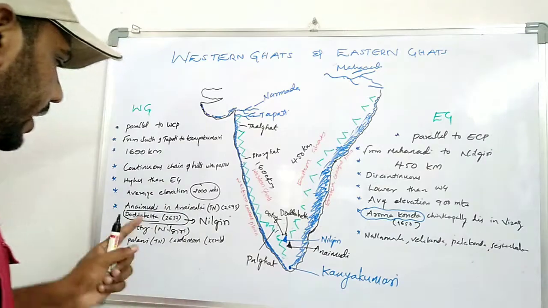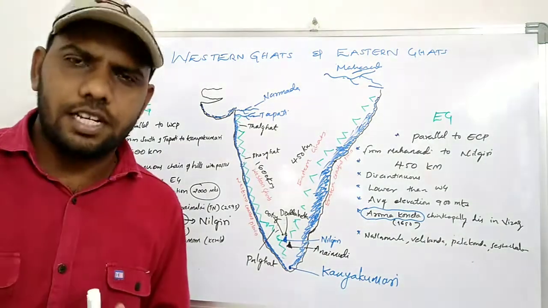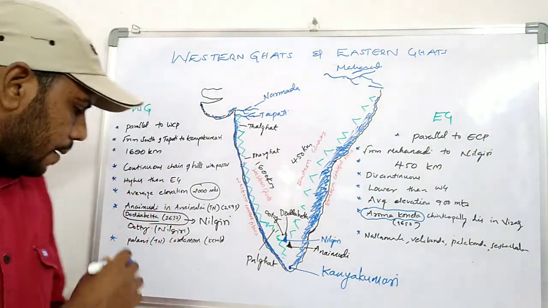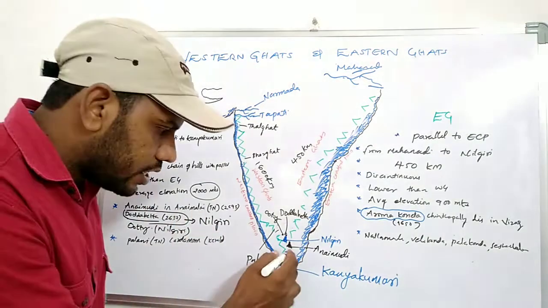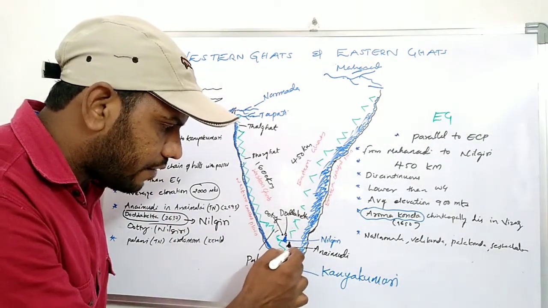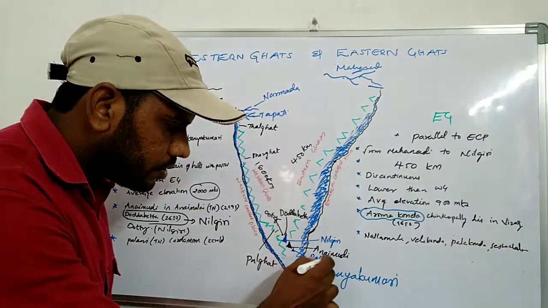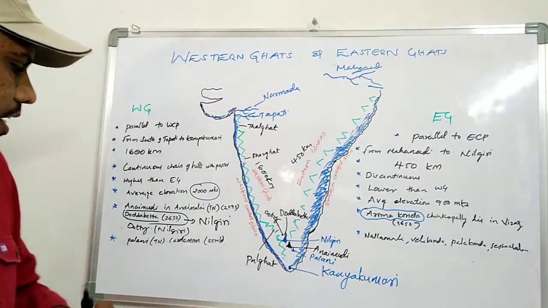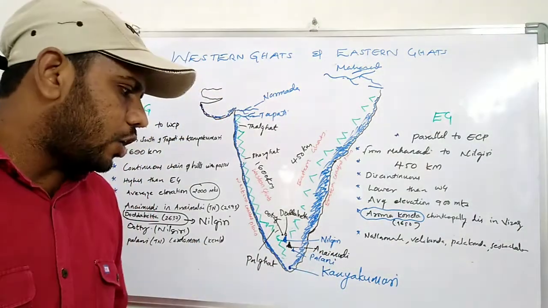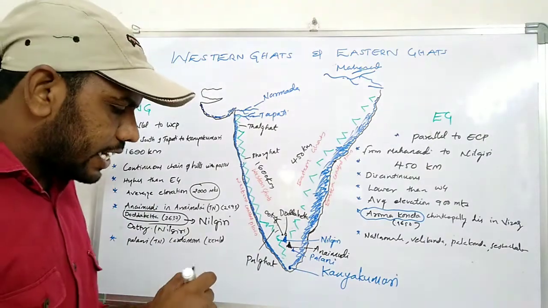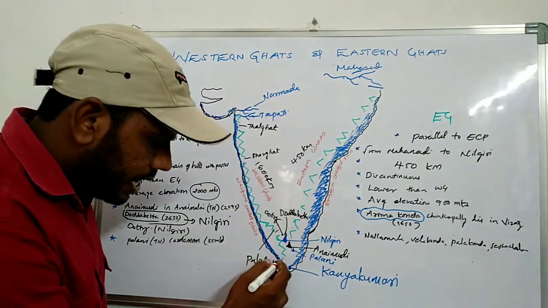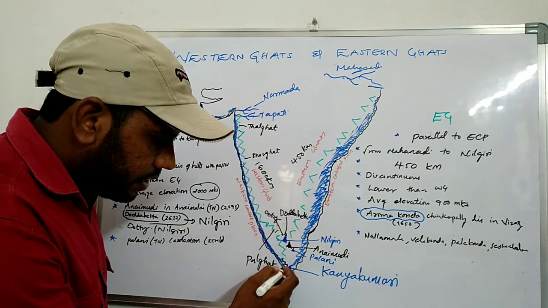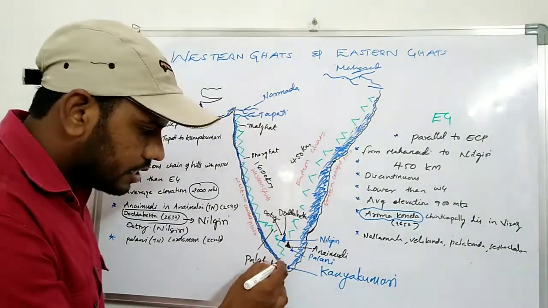Now the important hills such as Palani. All these hills are very near. So Palani Hills in Tamil Nadu. And another very important hill is Cardamom. Remember, here it will come, Cardamom Hills.